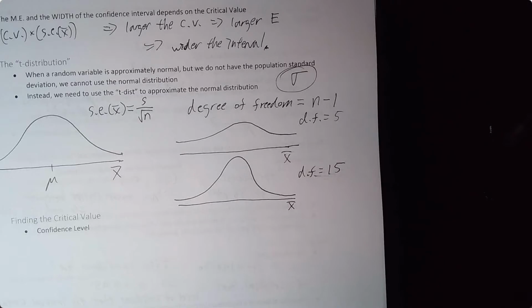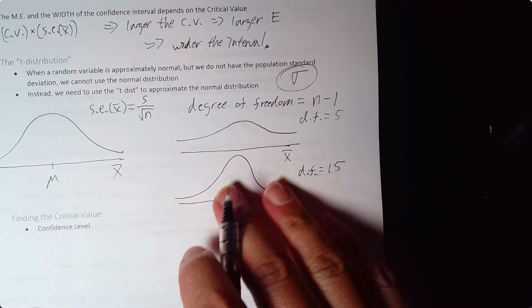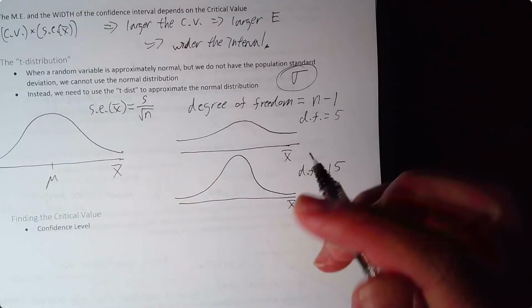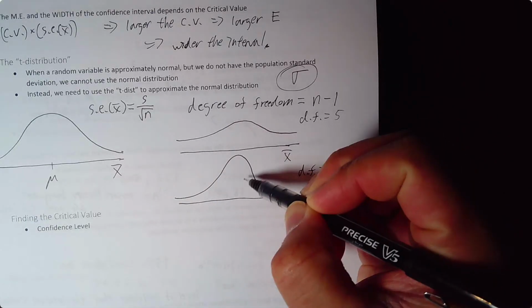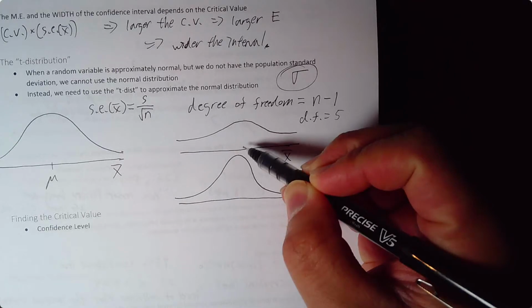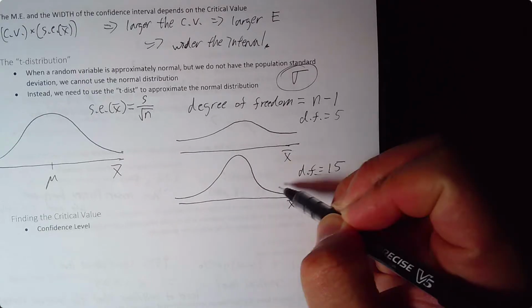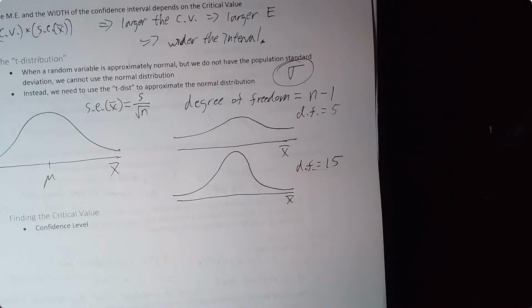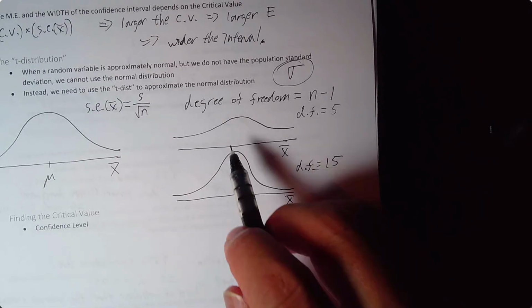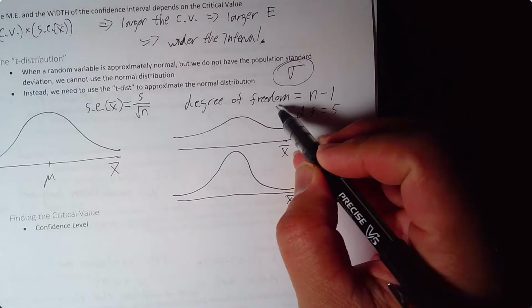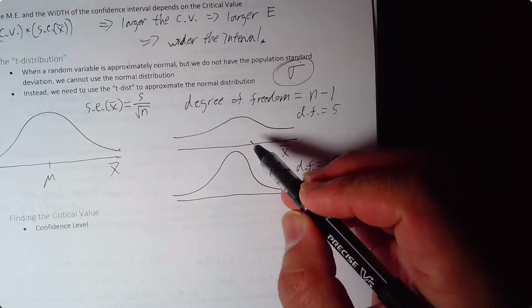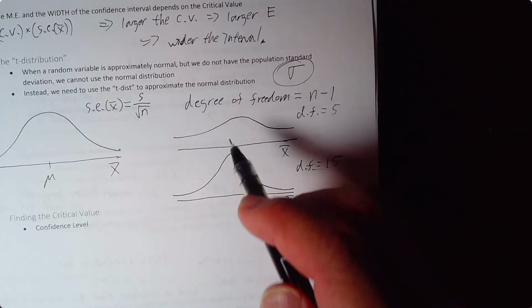Now I understand this might seem a little bit confusing, but really, nothing much has changed in how we deal with the t distribution versus the normal distribution. We just have to be aware there's an extra parameter, the degree of freedom, and know when to use it. And that would be when we don't know what sigma is.